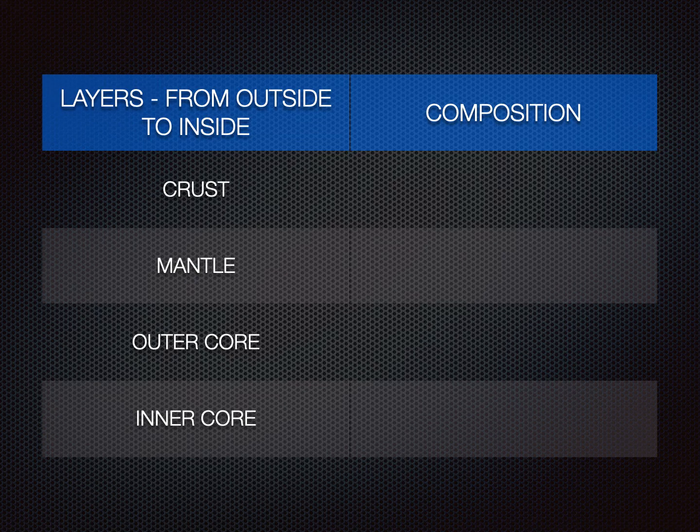And now one of the major things we're going to talk about is, what is each layer made out of? Now, I'm going to let you know in 6th grade what each layer is made out of. We teach them very general in comparison to what they're actually made out of. So when I talk about the crust, I'm going to say it's solid rock. Even though when you Google this, they'll tell you silicon and all these different types of rocks make up the crust, which is totally true.